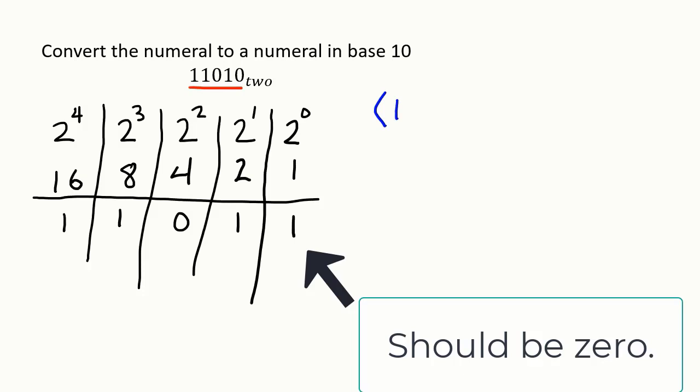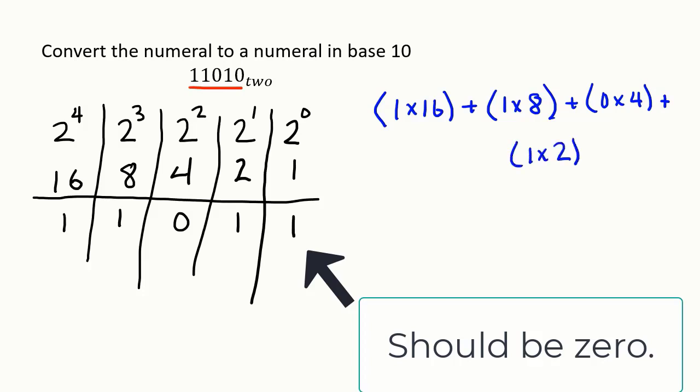So the first one is 1 times 16, plus 1 times 8, plus 0 times 4, plus 1 times 2, plus 1 times 1.